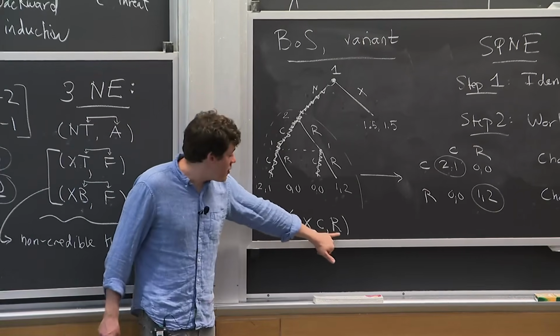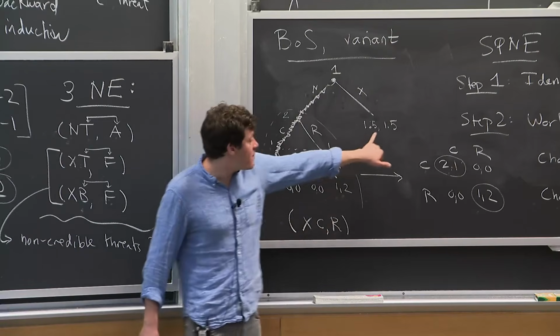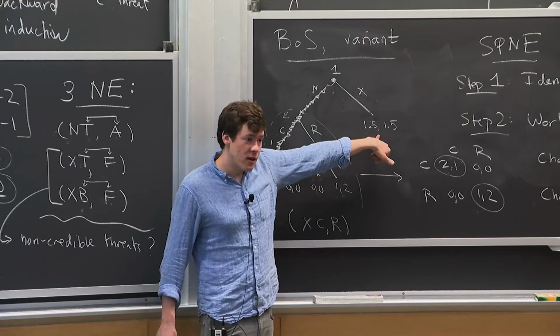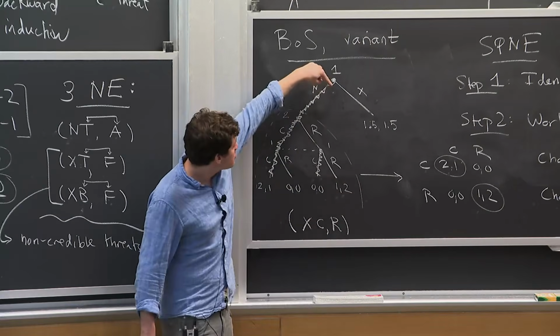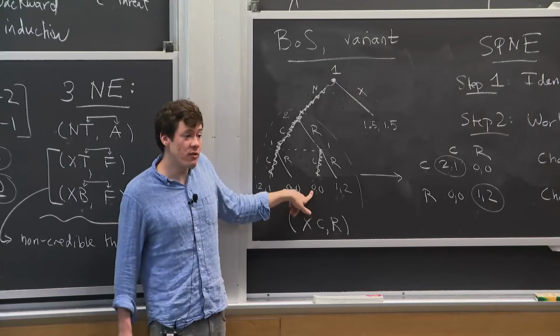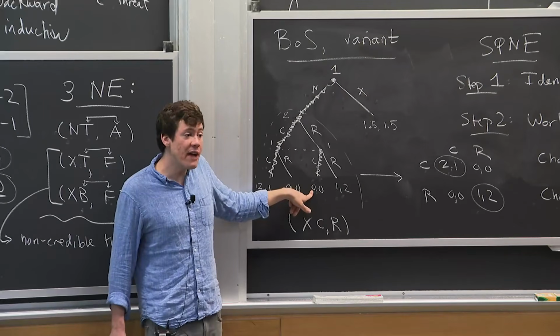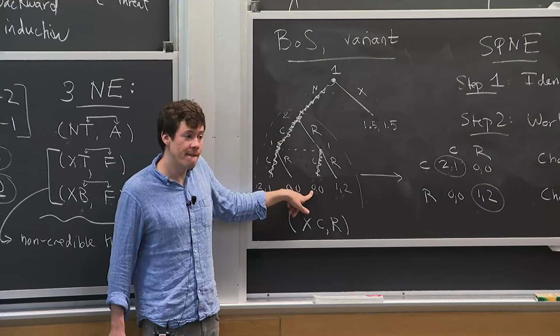So we have to be pretty careful here. If player 2 is playing R, well, by exiting, I'm getting a payoff of 1.5. Could I ever do better? Well, I could enter and then play C. So if I enter, player 2 plays R, and then I play C, I get 0, 0. That's definitely worse, but I think I have a better deviation. What is my better deviation going to be?